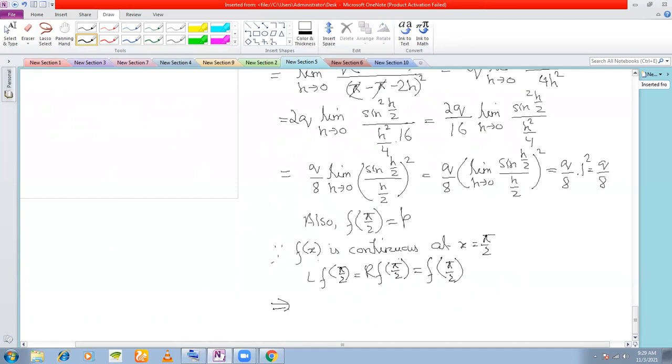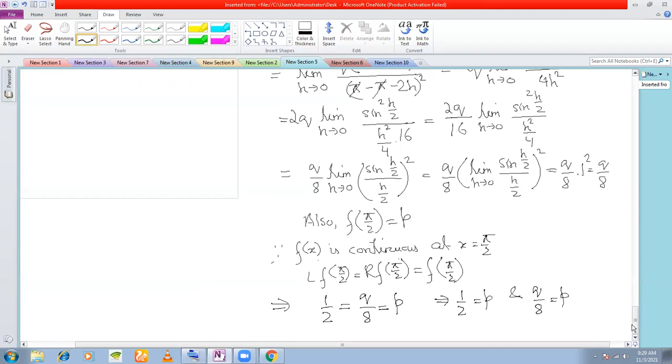Now what is the left hand limit that we had found out? The left hand limit we had found out above to be half. The right hand limit we have found out to be q by 8. And the value of the function at x is equal to pi by 2 is p. So half is equal to p and q by 8 is equal to p.